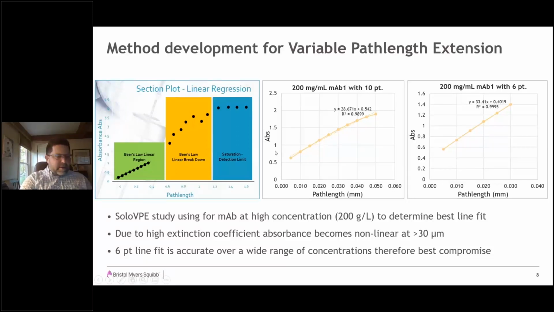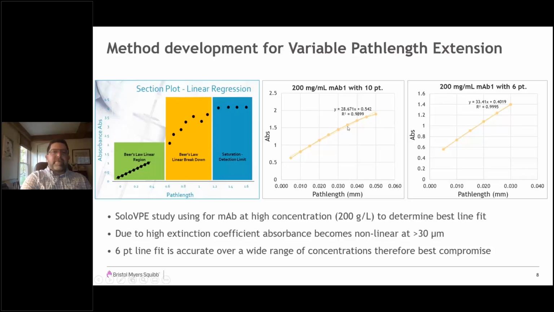Since we're running short on time, I'm going to say quickly that in the Solo VPE study, and this is confirmed by another group at BMS, if you go to path lengths above 30 micrometers, for this particular protein, which is a monoclonal antibody with a high extinction coefficient, the curve becomes nonlinear.